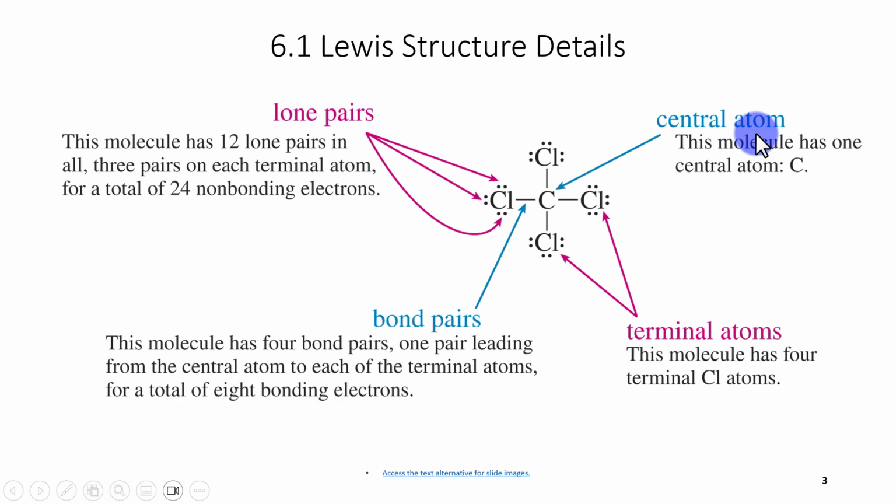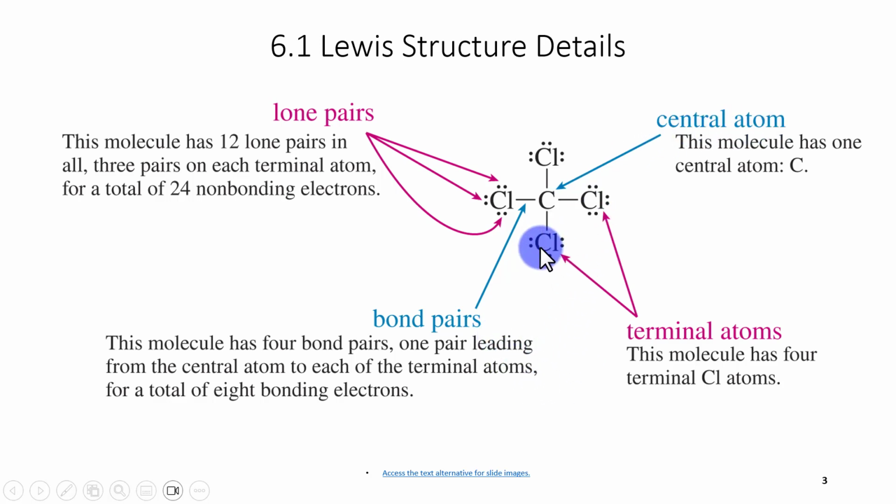Now, a molecule may have multiple central atoms, but in this molecule, we only have one. It has the element carbon. So this is my central atom. And it makes sense because it's located centrally. Other atoms are bonded to it. That's why it's called the central atom.